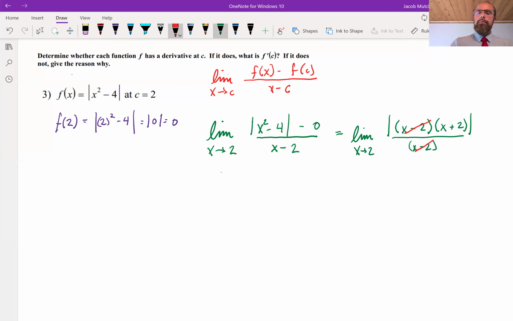So as we get ready to look at the limit from the left and the right and compare them, we'll do so with this simpler limit. The limit as x approaches 2 of the absolute value of x plus 2.